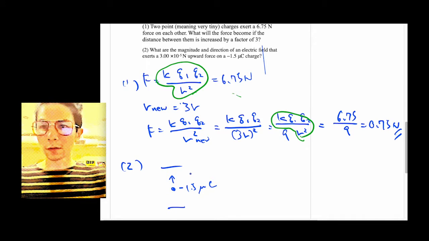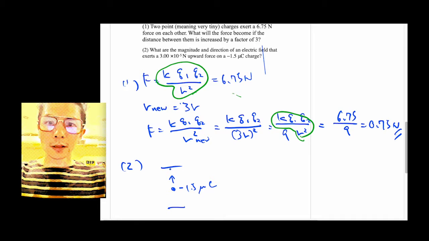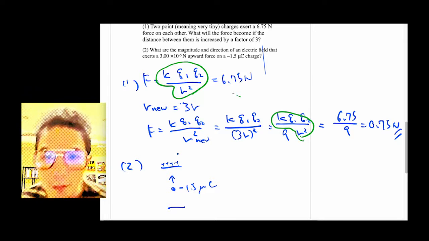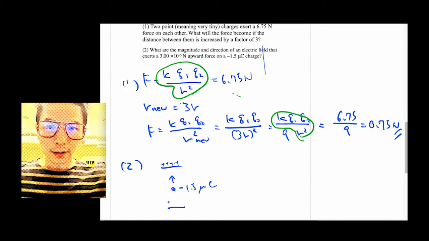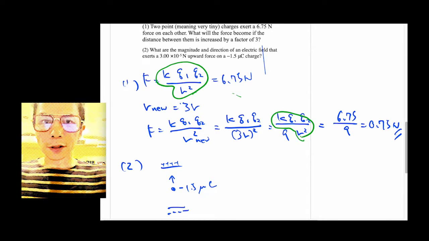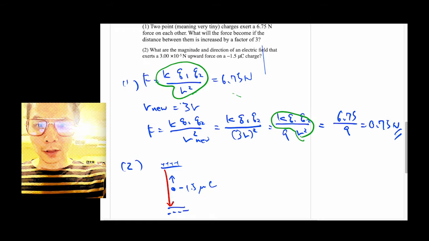The first thing you have to know is that the negatively charged object is going to be attracted to the positively charged plane. So the two planes are like this. And like I said in the definition, the electric field always goes from positively charged to negatively charged. So the electric field is like this.